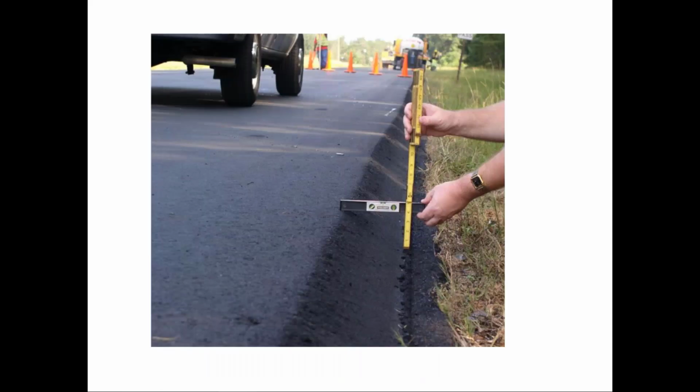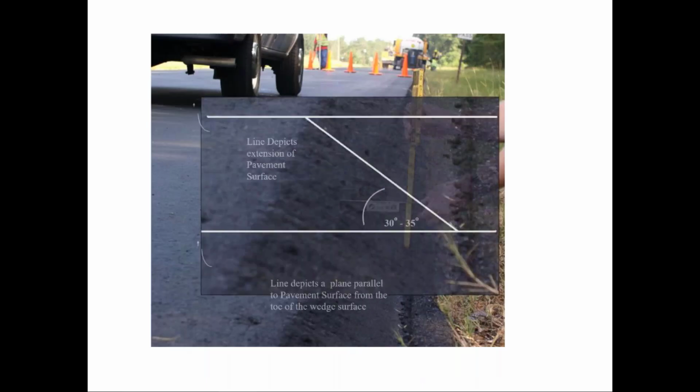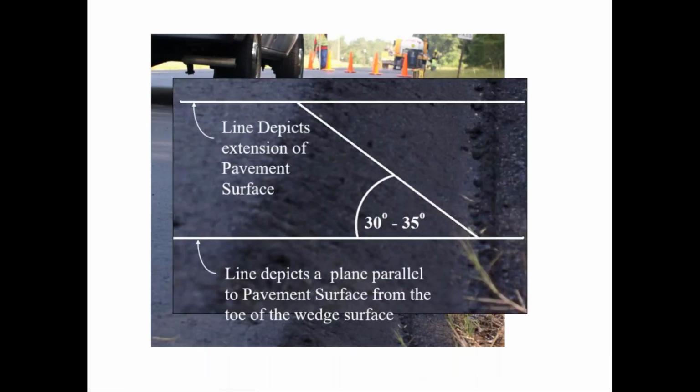So this is the safety edge, as it's called. Notice the edge of the newly laid down pavement does not have a vertical edge. It has this 30 to 35 degree wedge, which the Federal Highway Administration has termed the safety edge.